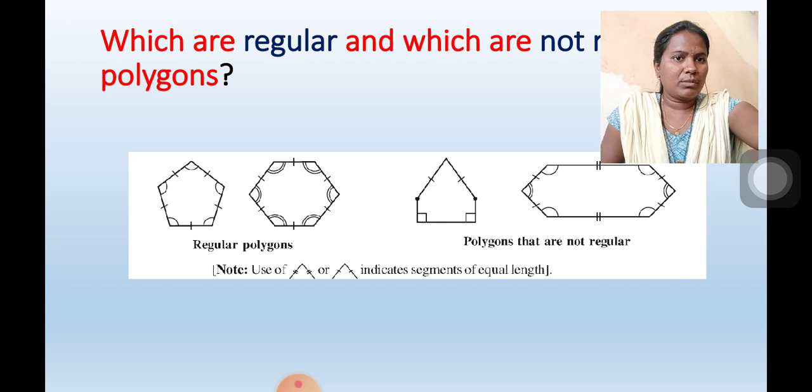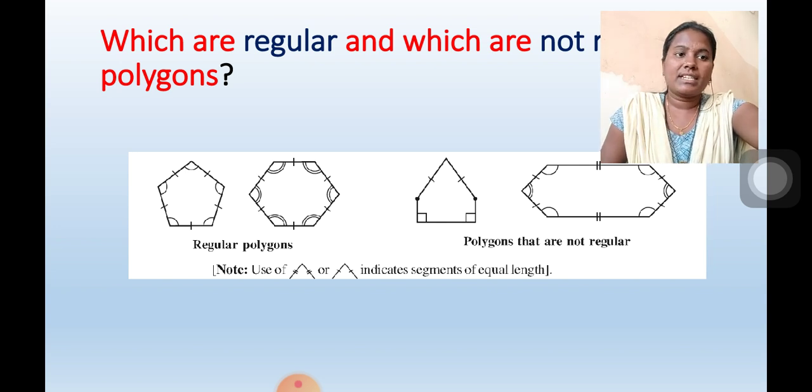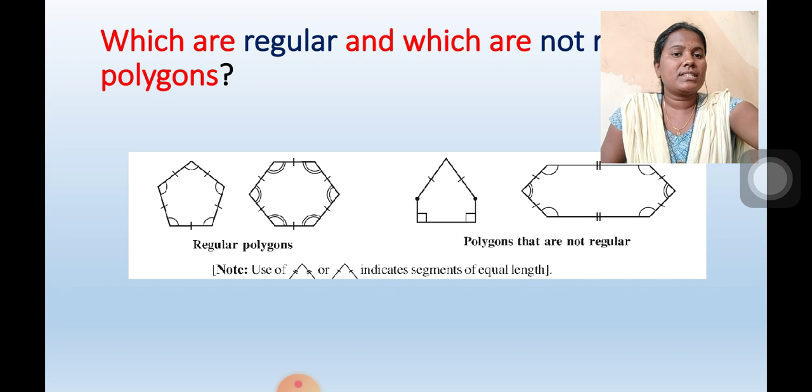In the note it is given, use of that sign indicates segments of equal length. We all know that. So in the first figure, all the sides are equal. In the second figure, all the sides are equal and all the angles are equal. Therefore, these two figures are examples of regular polygons.